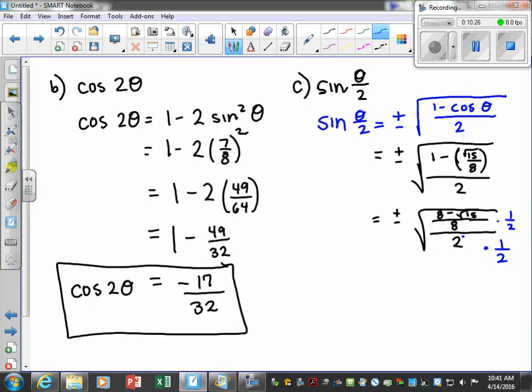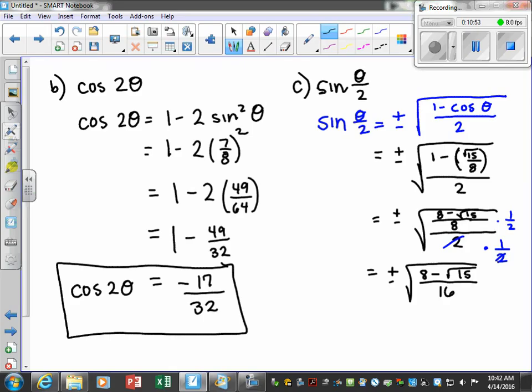Then that's going to allow these to cancel, which I was hoping for. Then I would have plus or minus the square root of, 1 times the numerator is just the numerator. So let's be real careful with our notation. And what about our denominator? 8 times 2, which is just 16.